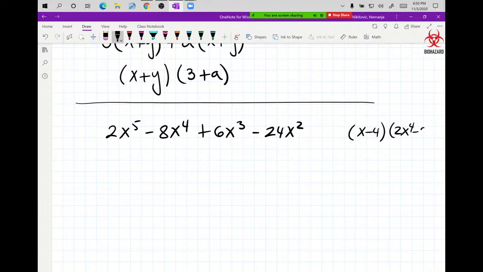All right, let's take a look. So what we are going to do is we're going to group them, and then we're going to kick out 2x to the 4th, because this one has 4 x's and this one has 5, so I can kick out 4 x's. When I kick out 2x to the 4th, 1x stays, minus 4.